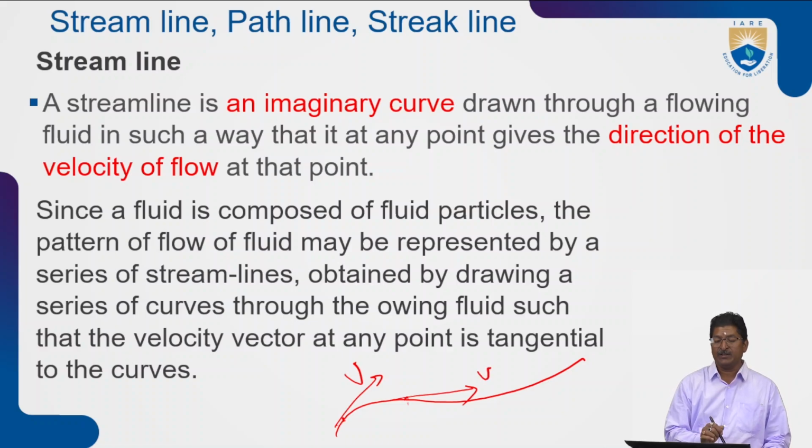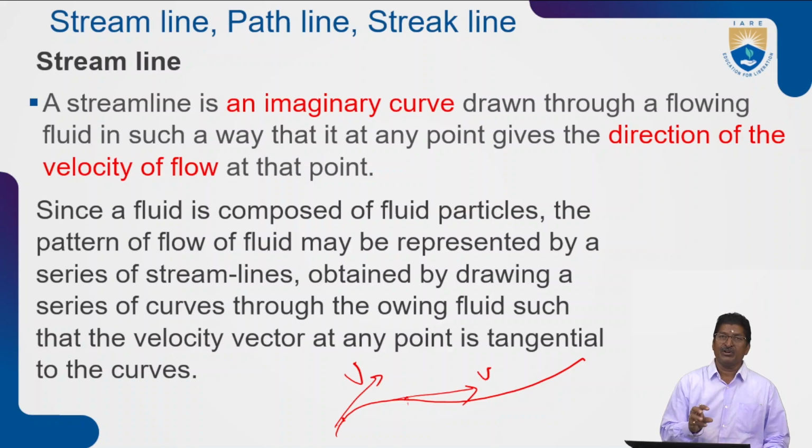If you take this point and this is the tangent, it gives the velocity at that particular point. Like that, the streamline is nothing but the imaginary line which gives the velocity of the flow after drawing a tangent. The tangent gives the direction of velocity of flow. It is an imaginary line, not actually existing in the flow.